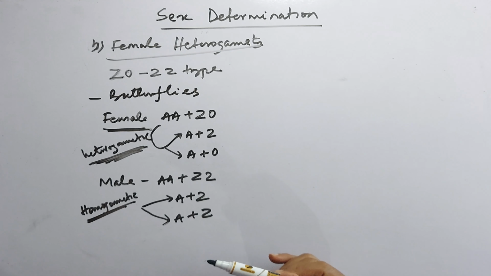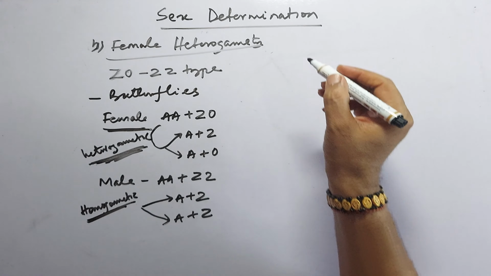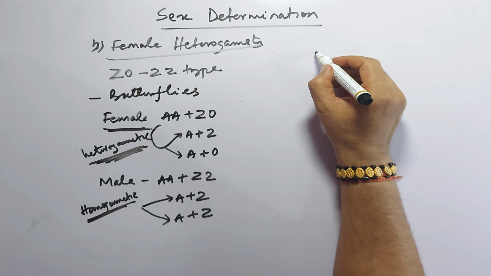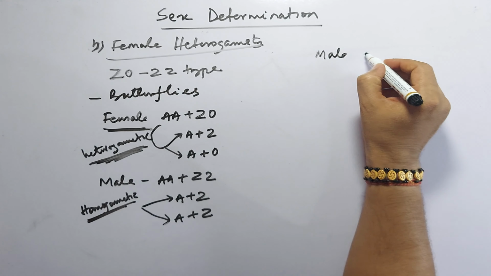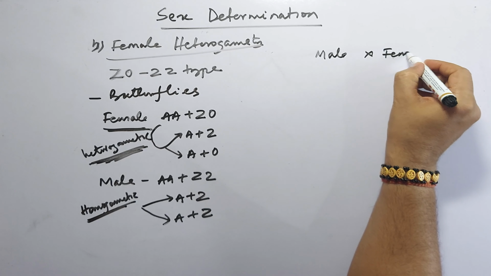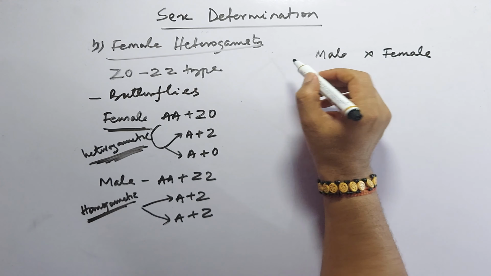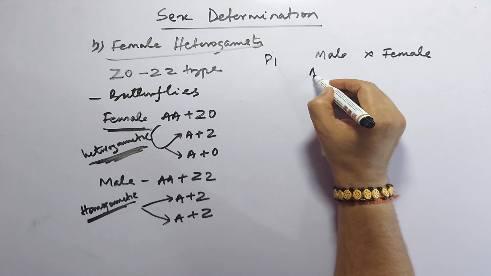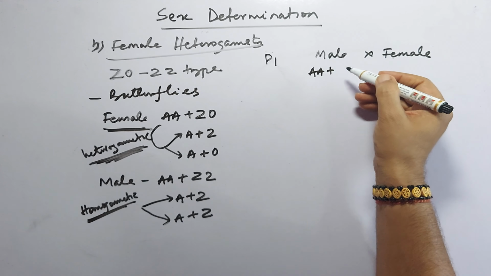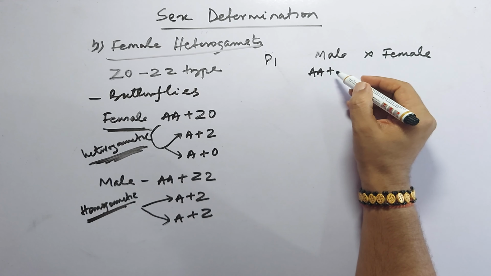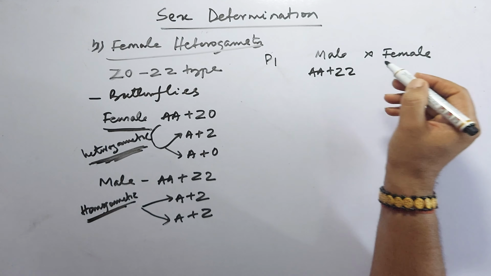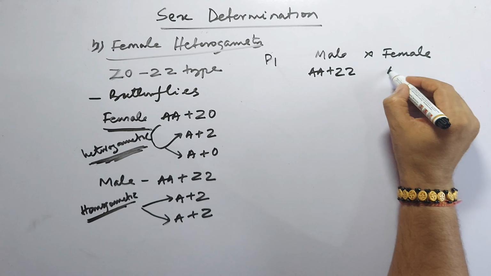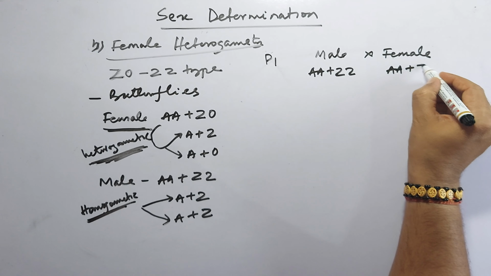So we will take a cross here. When we cross a male with the female, that is the P1, the male is double sets of autosomes plus ZZ, and the female is double sets of autosomes plus ZO.